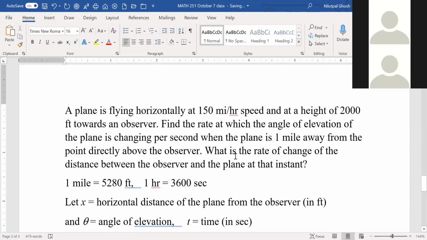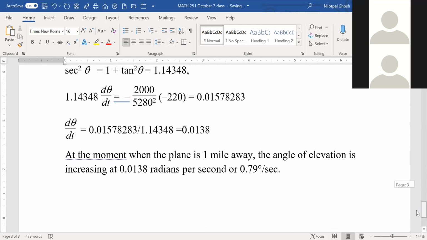Suppose the question is also, what is the rate at which the distance is changing? So suppose we also added what is the rate of change of the direct distance between the plane and the observer, this time it is going to be OP in our picture, the hypotenuse.